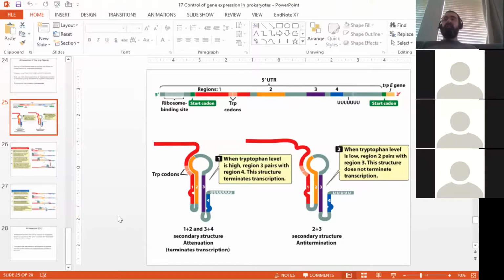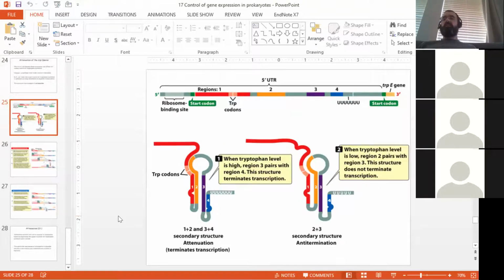Whereas tryptophan is an essential metabolite, right? No tryptophan, no translation of any protein, because almost all proteins, not all of them, most of them maybe, have tryptophan in them, right? So the issue here is that we always need this, but we don't always need a lot of it, right?